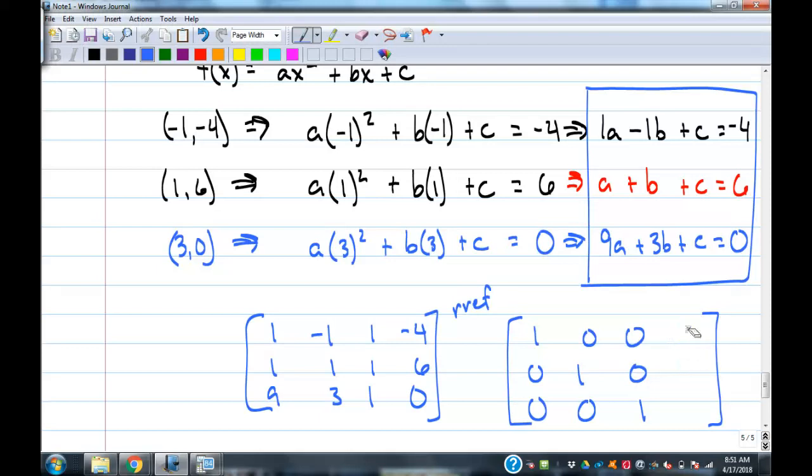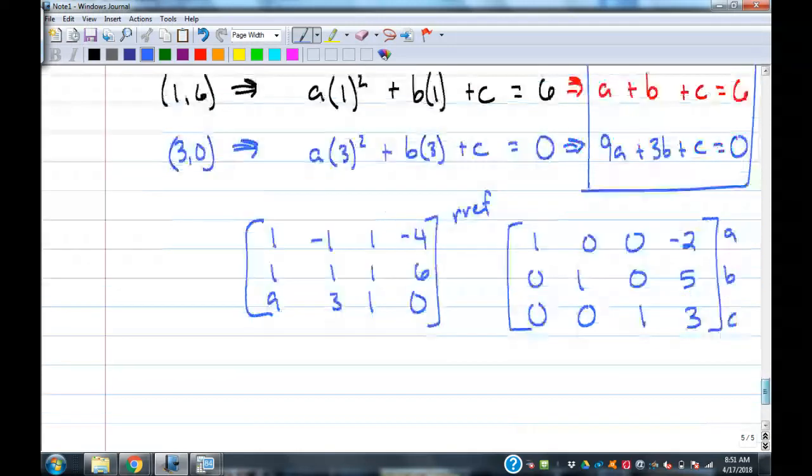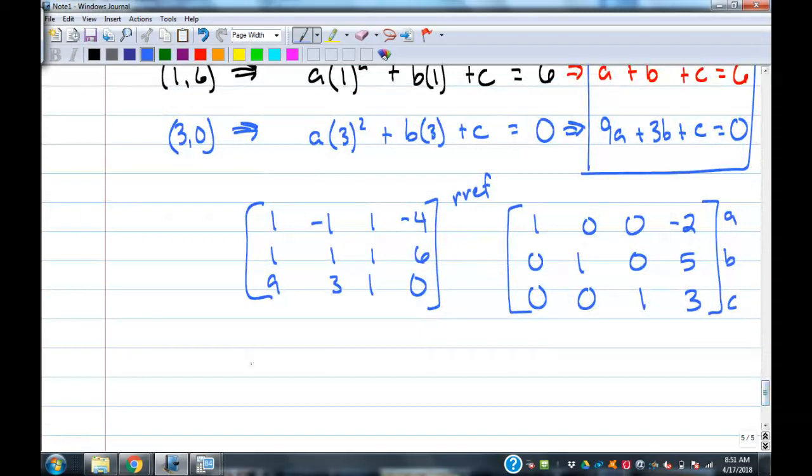What now? The third column. Okay. So this is A, this is B, this is C. All right. So that means our function, f of x, is -2x squared plus 5x plus 3.